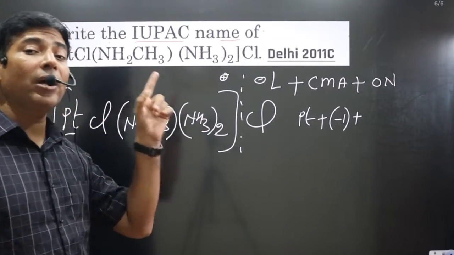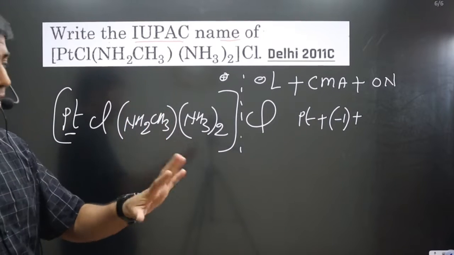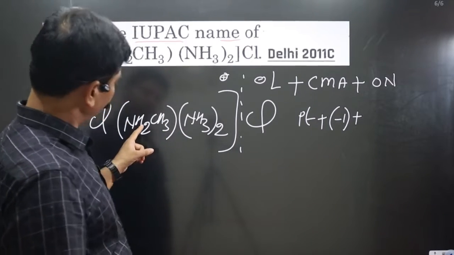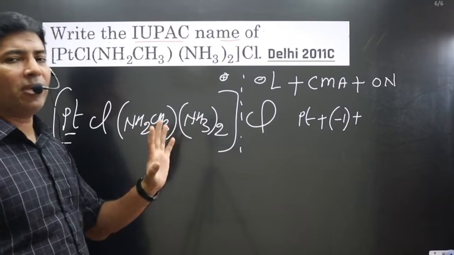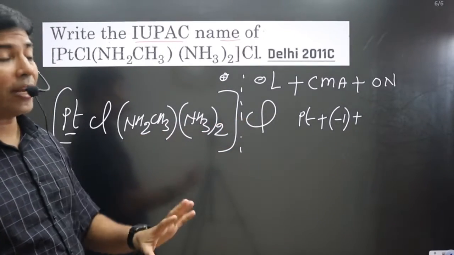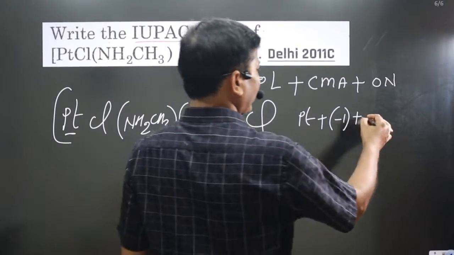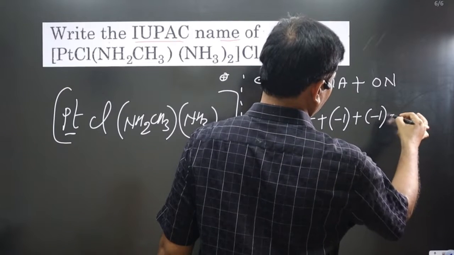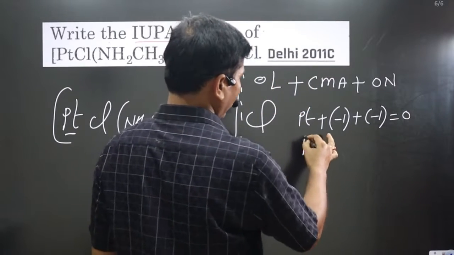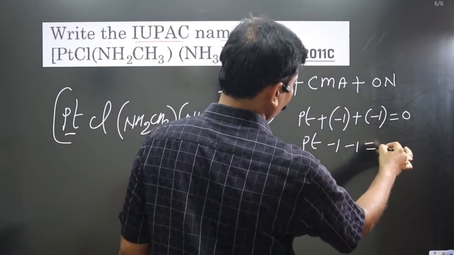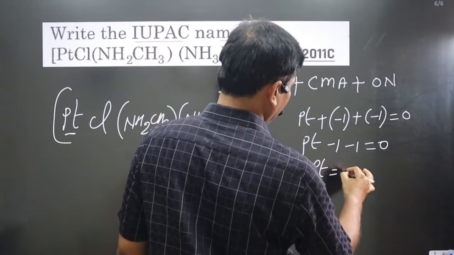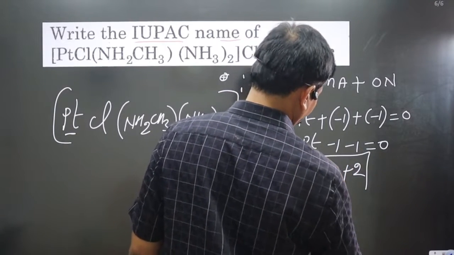This is also a neutral ligand, it does not carry any charge, so you can mention 0 in this case also. 2 multiplied by 0 is also 0. Then we have the chloride ion, which is -1, equal to 0. It is a neutral complex. Platinum - 1 = 0. Then platinum is present in the +2 oxidation state.